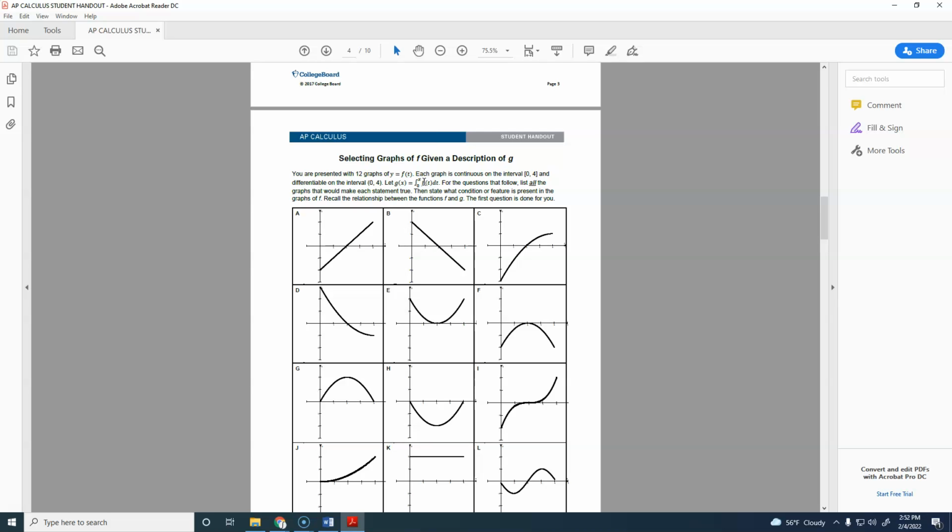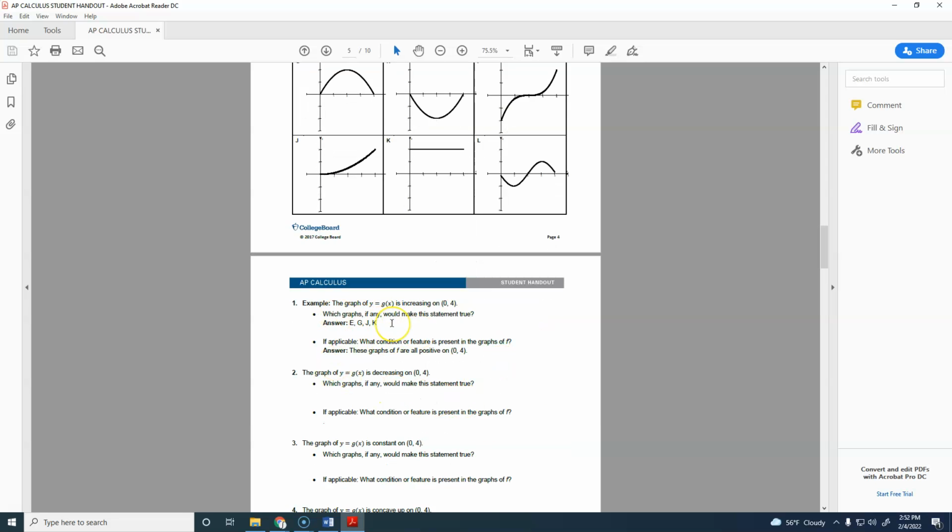So what is the derivative of g? The derivative of g is f, right? So basically what this is telling us is we are looking at the derivatives here, and we want to tell what would be happening with g, the function that would be, what we're going to learn is the antiderivative of this. So, if g is increasing from 0 to 4, what has to be true about f?